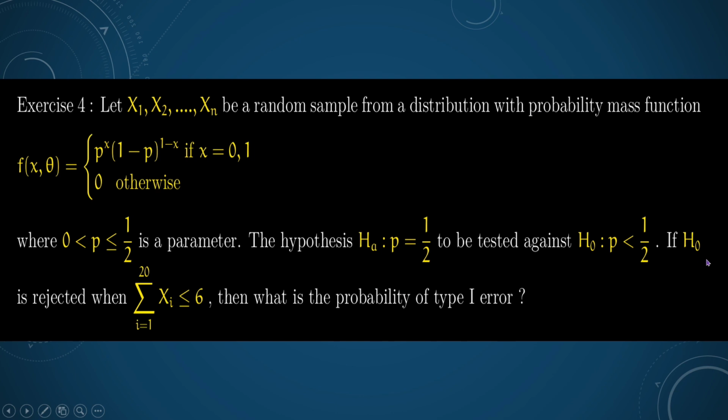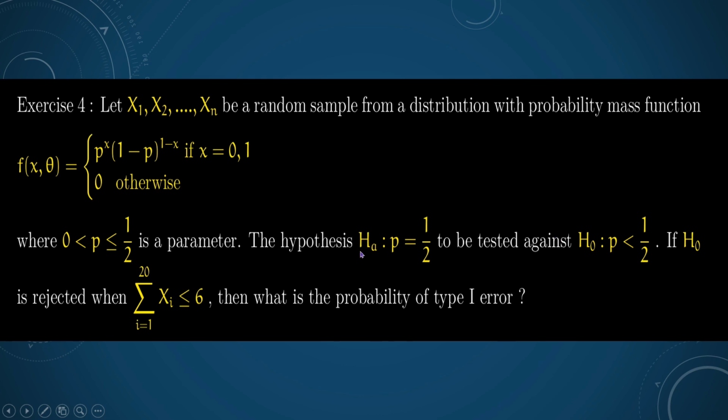If H0 is rejected when the sum of h_i from 1 to 20 is less than or equal to 6, then what is the probability of type 1 error? We know that the event H_A and the event H0 are against each other.